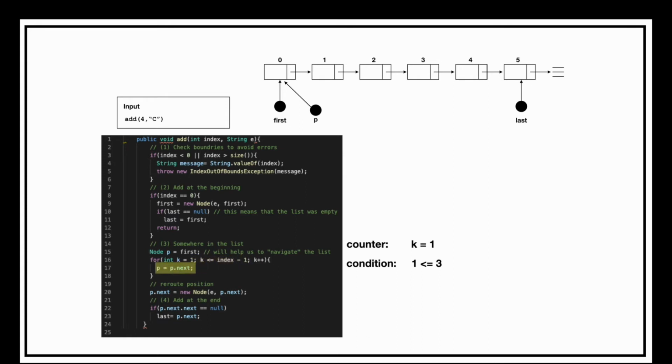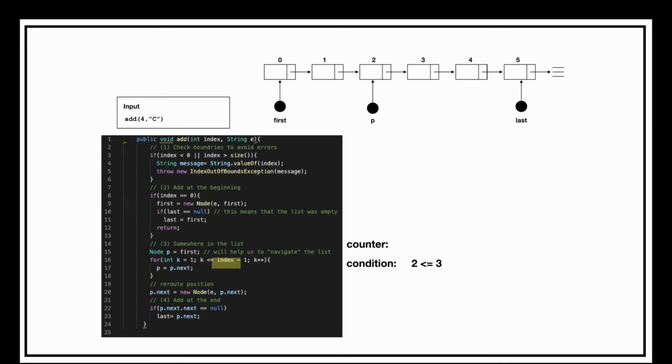Since that is true, we move our pointer p forward by 1. Then we increment our value k by 1. Then we check again. Is 2 less than our index 4 minus 1, which is 3? Is 2 less than or equal to 3? That is true. So we move forward by p.next.